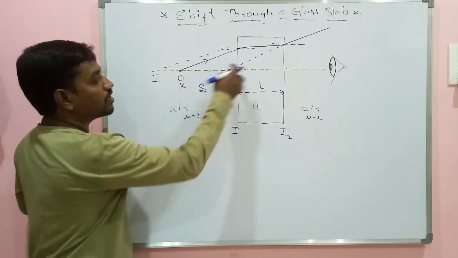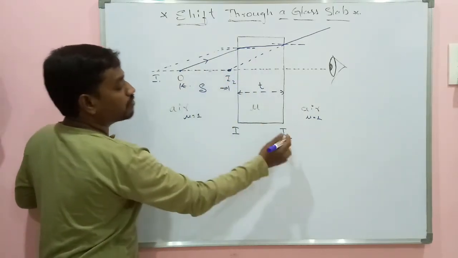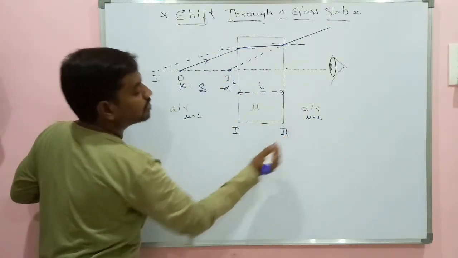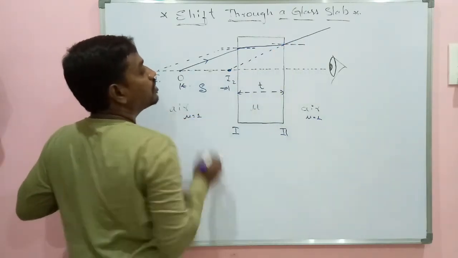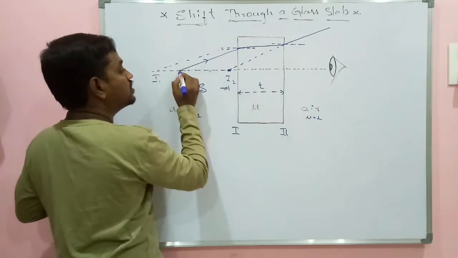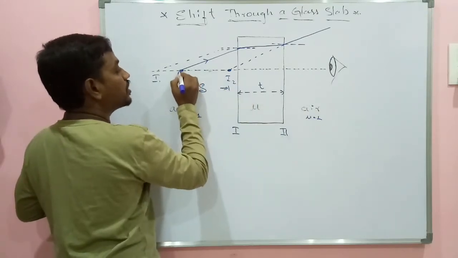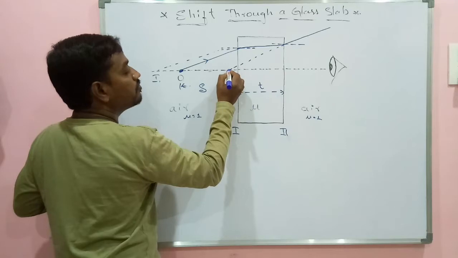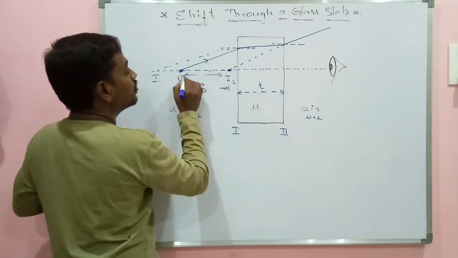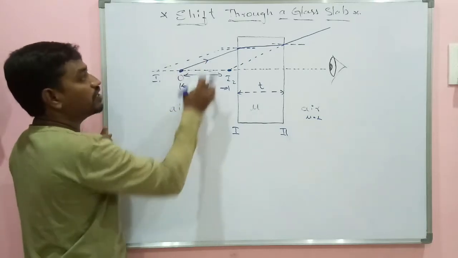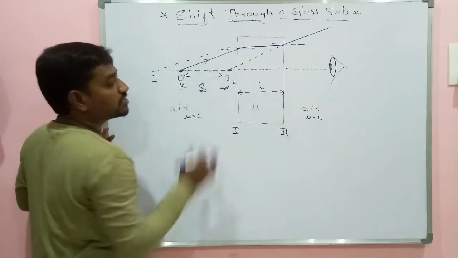So I can take the final image to be due to refraction at the second surface. So this final image is due to this particular ray. Instead of this place where the object is placed, we will be seeing the object at this place. This shift in the image position is called shift, and this is due to the glass slab here.